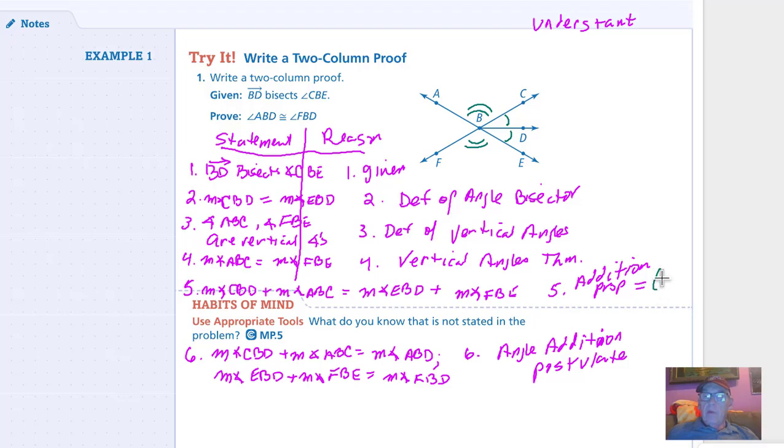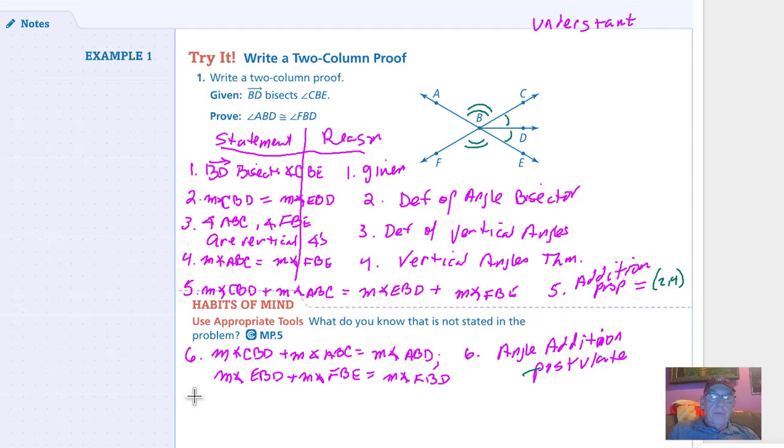So I might want to note that I used steps 2 and 4 for number 5 when I did the addition property of equality. And then for step 6, we're just basically noting that this is angle addition. These make the big angle.